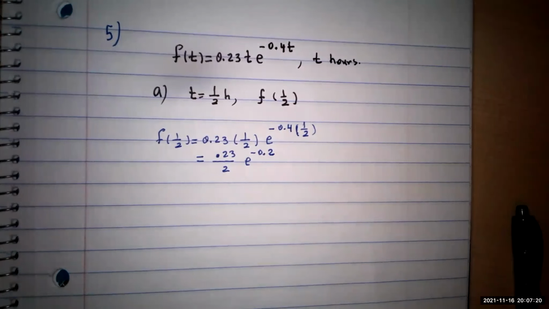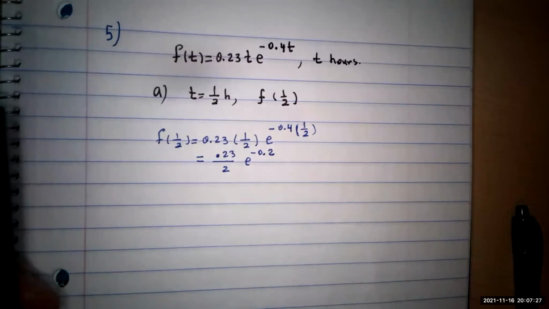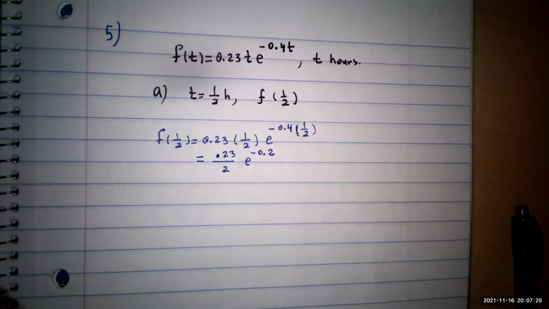Use your calculator if you have one. Just give us the number. What is going to be this one? I'll try it myself. It's e to the negative 0.2, then I'm going to multiply it by 0.23 divided by 2.